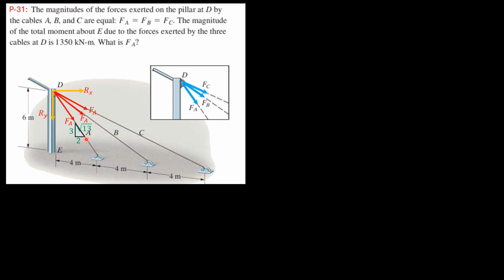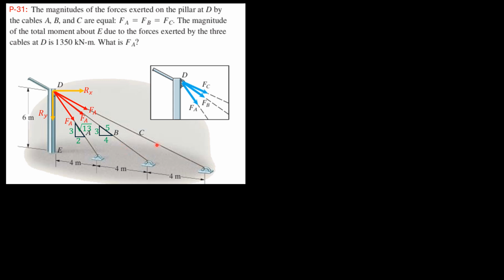So for the slope, we have 2, 3, and square root of 13. For the force at B, the slope of the line of action is 8 horizontal, 6 vertical, which can be reduced to 4 horizontal, 3 vertical, then 5 hypotenuse.